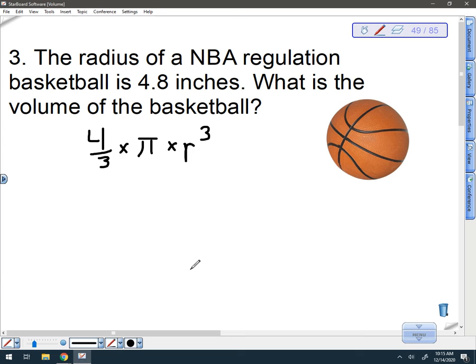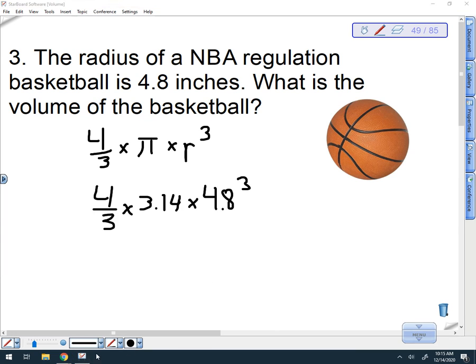So you should have paused the video. If you would have worked it out, you would have had 4/3 times pi, which is 3.14, and then times the radius to the third power. The radius is 4.8 to the third power.